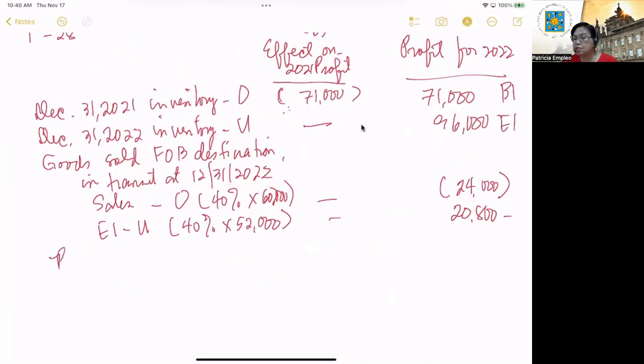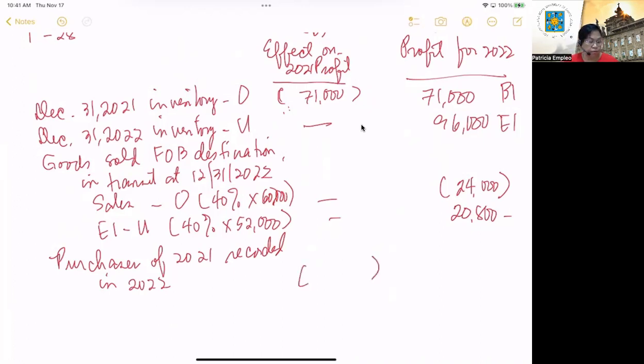So these are purchases of 2021 recorded in 2022 when payment was made. And therefore, purchases of 2021 were understated because they were recorded as purchases of next year. So if purchases were understated, then your profit, because purchases is an expense, will be overstated, and that amounted to 100,000.